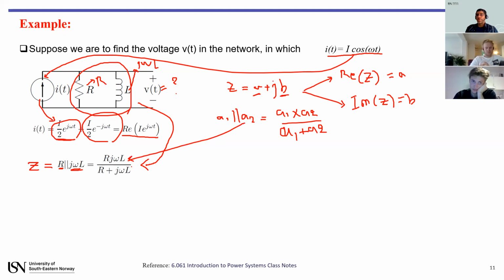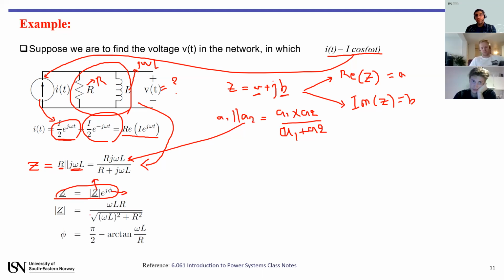That's why we wrote it this way. So we can say Z is the lumped element, this one. You have Z, you have the amplitude of Z and the angle of Z. However, how can we calculate them?